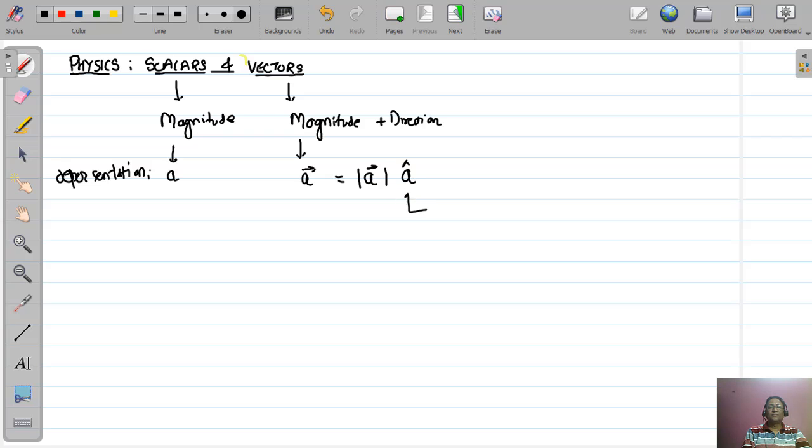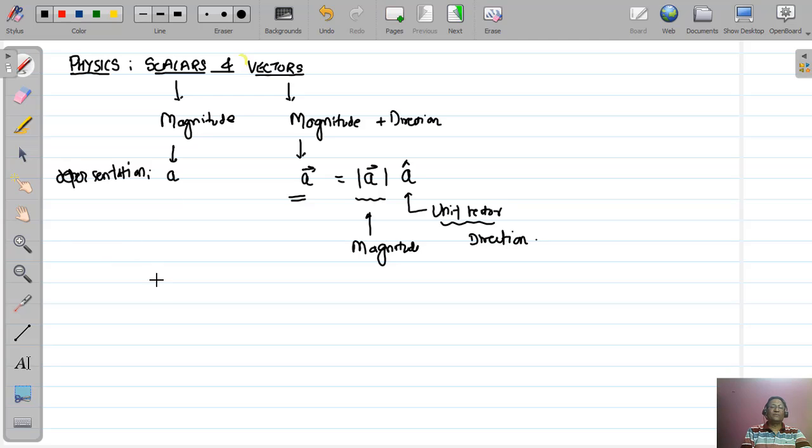This is called unit vector. We will discuss unit vector next. And this is called magnitude. So this is the representation of a vector, and this vector contains these two pieces of information: one is magnitude and one is direction. This unit vector basically gives the direction of vector A.